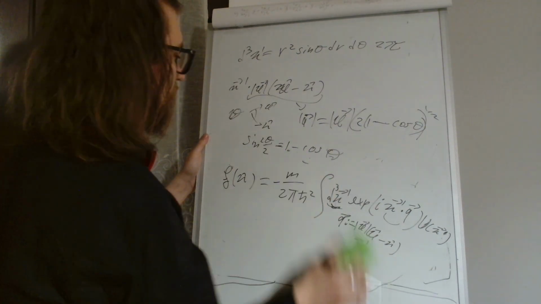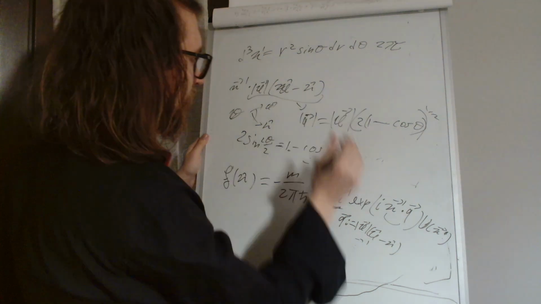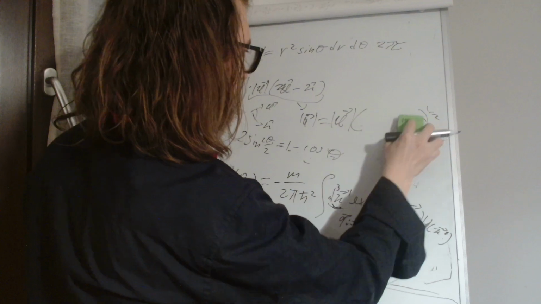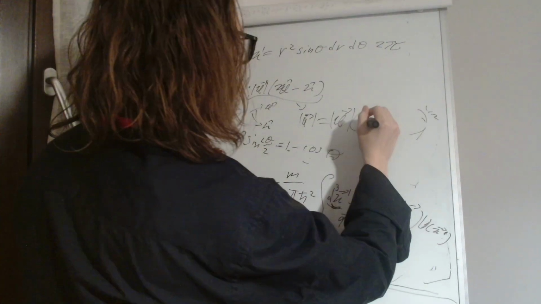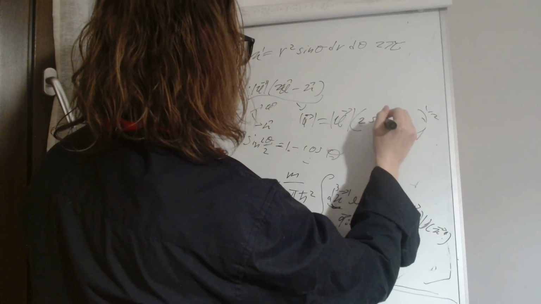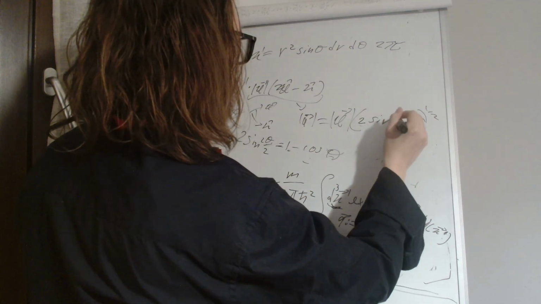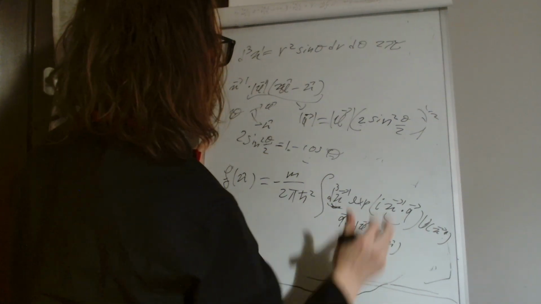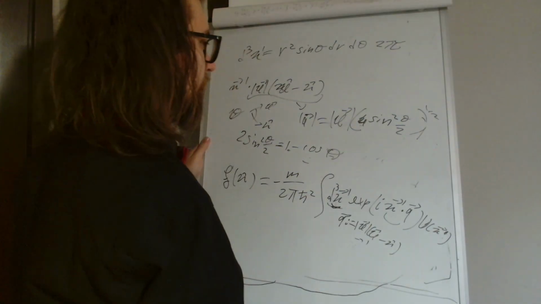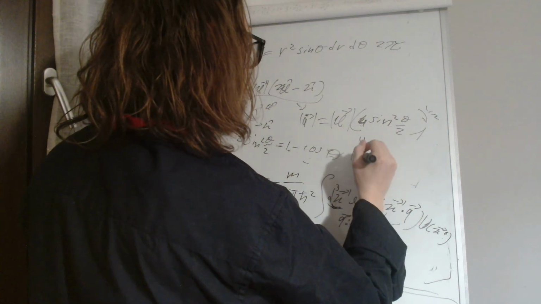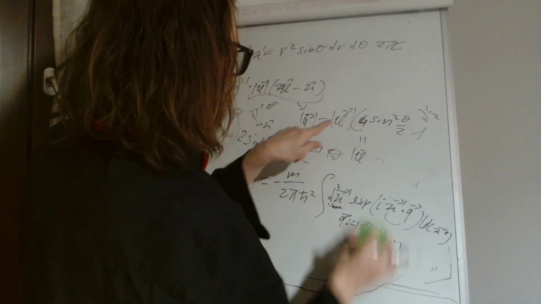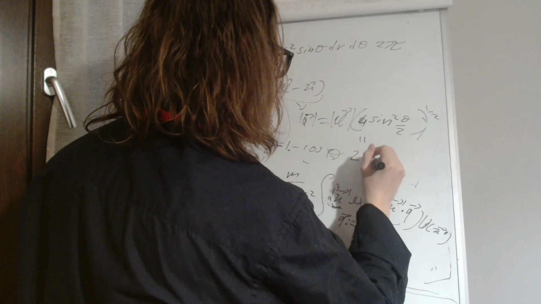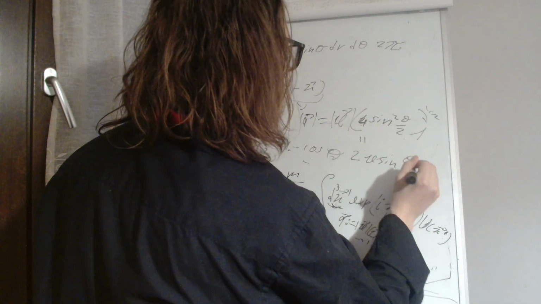Sorry, we didn't need to divide by 2, because now we substitute here and we get 2 sine squared of theta half, sorry, 4, and this becomes, we call it simply k, so the square root of this is 2k sine of theta half.